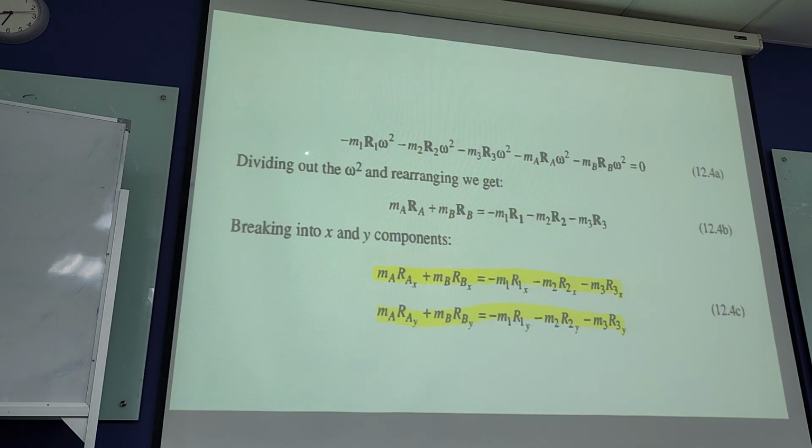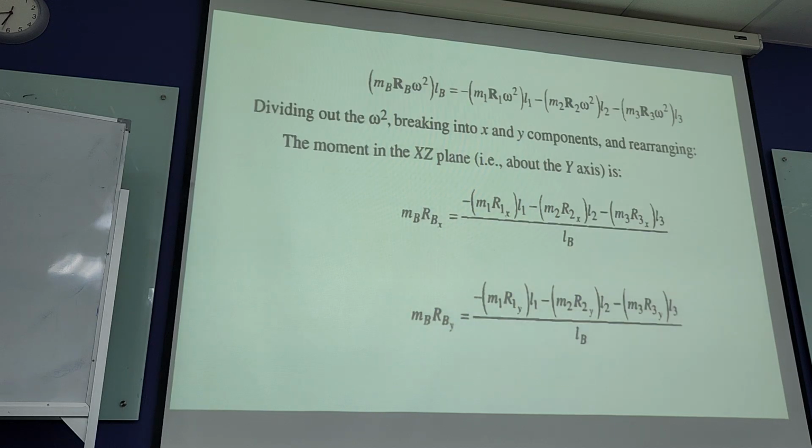Now we first have to sum the forces acting on the system to 0. Similarly, you have two masses, MA and MB, so you get two equations here. Now we are summing the moments acting on the system to 0.